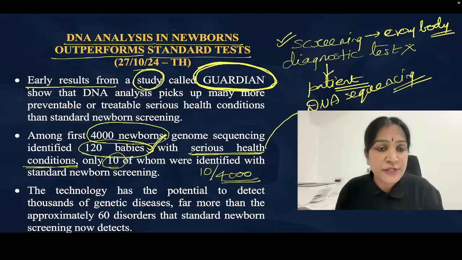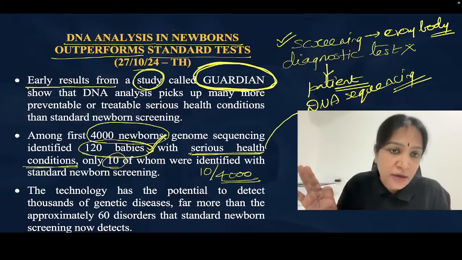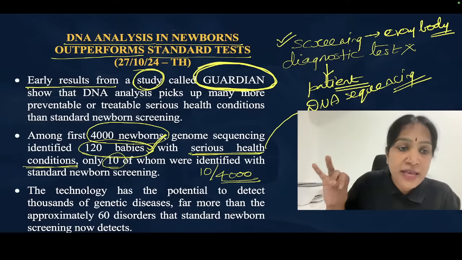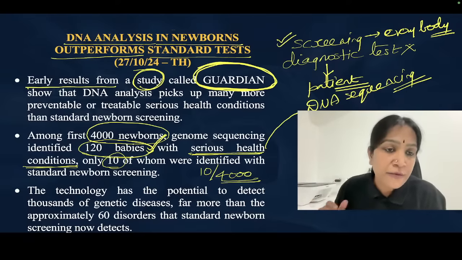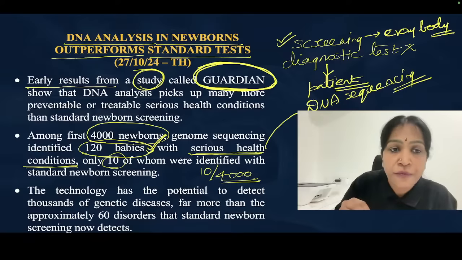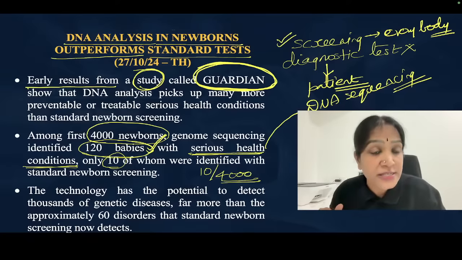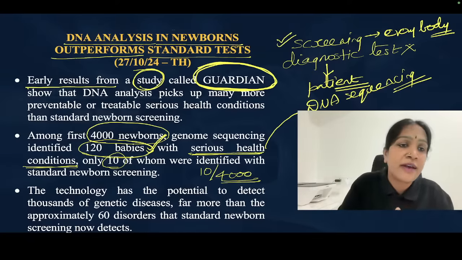Is the problem understood? They've taken 4,000 babies, did the DNA sequencing and found that 120 babies have serious health conditions. But if you follow the routine traditional methods, only 10 of these babies were diagnosed with the genetic diseases. It means 110 babies had diseases, but they were not diagnosed.